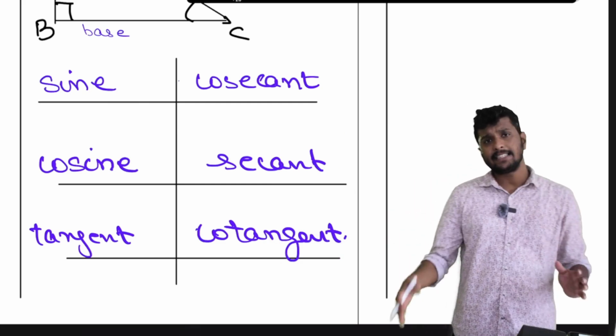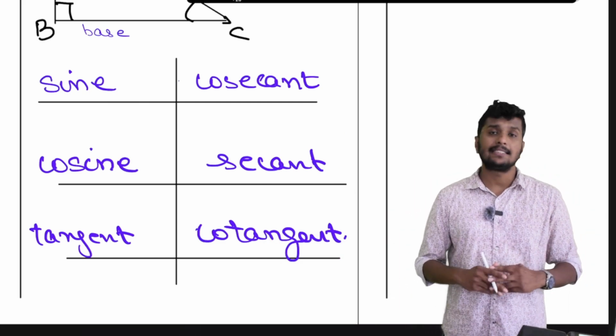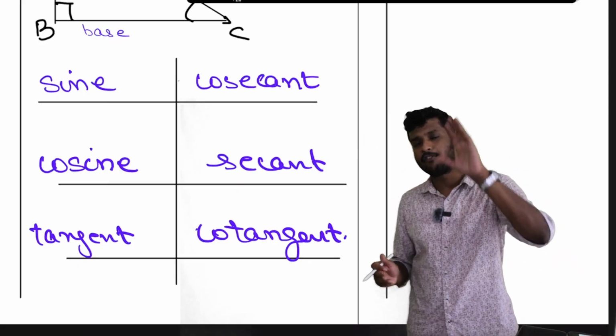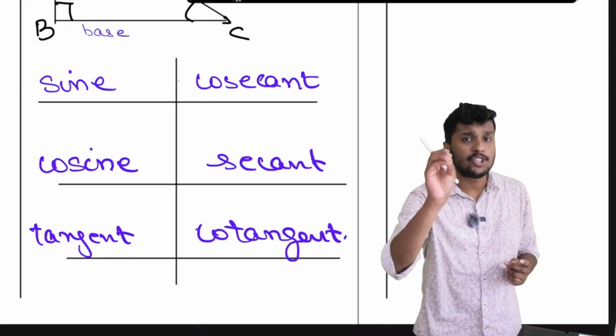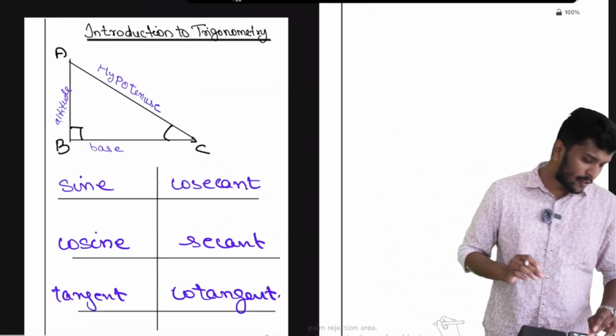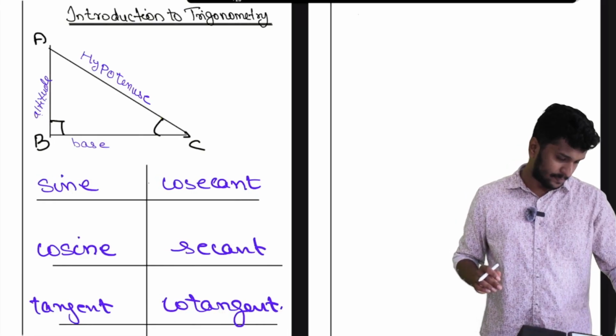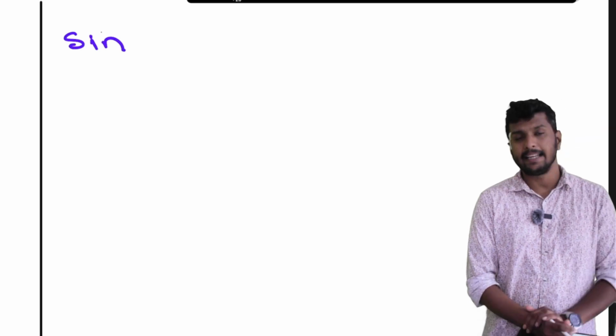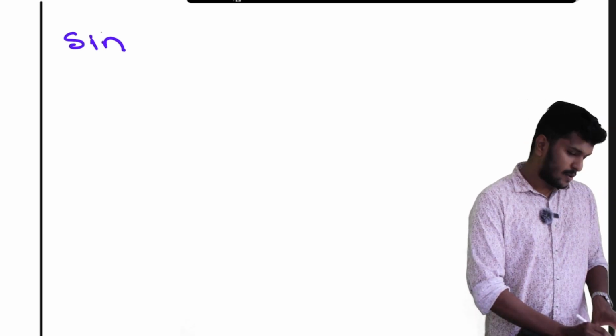These 6 trigonometric ratios have a short form to represent them, and the short form is as follows. For sine, we write sin.